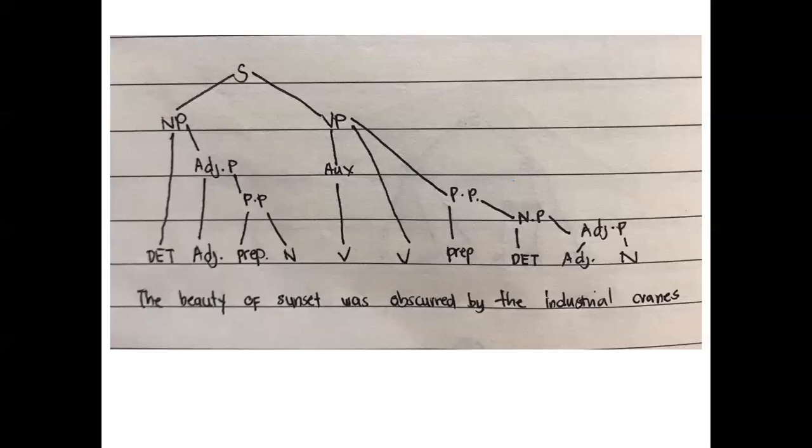It is an adjective phrase because industrial, though it is a noun, functions as an adjective because it modifies what type of crane. It is an industrial crane. So an adjective phrase plus that will be a noun phrase, and a preposition plus noun phrase will become a prepositional phrase. So that's it.